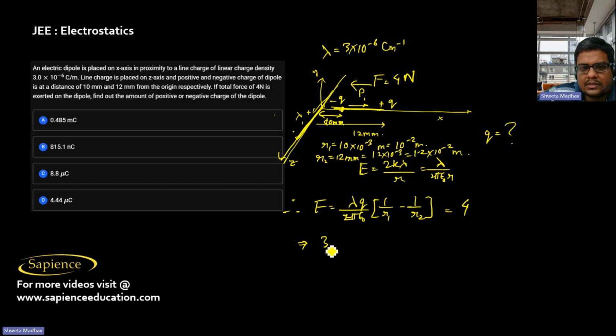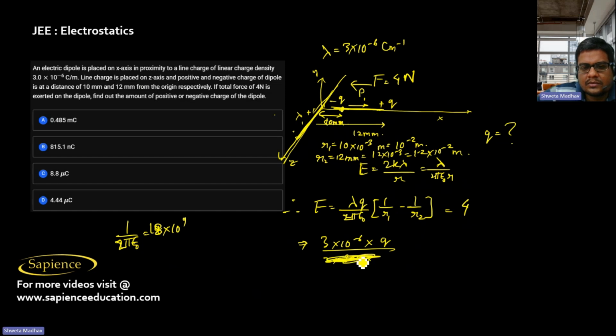So lambda, that is 3 into 10 power minus 6, into Q divided by 2 pi epsilon naught. Actually 1 by 4 pi epsilon naught is 9 into 10 power 9. So 1 by 2 pi epsilon naught means twice of this, so 18 into 10 power 9.